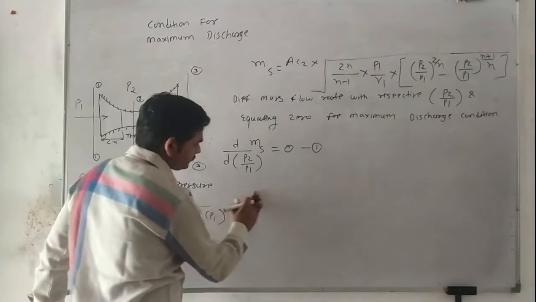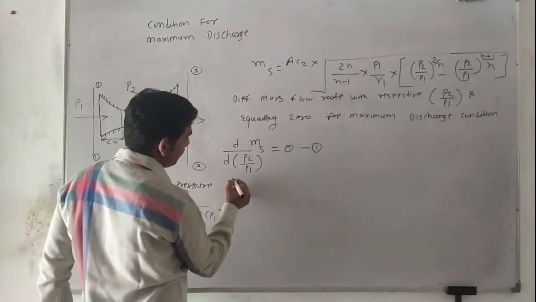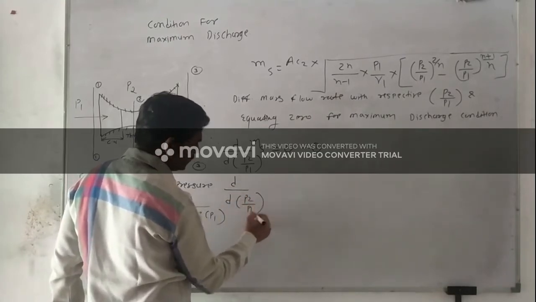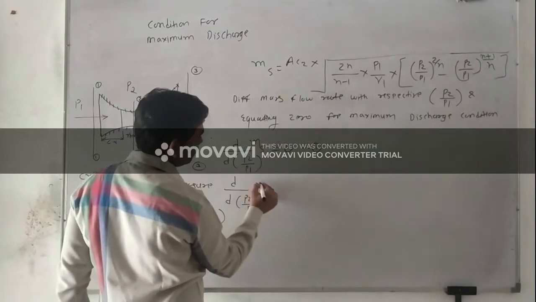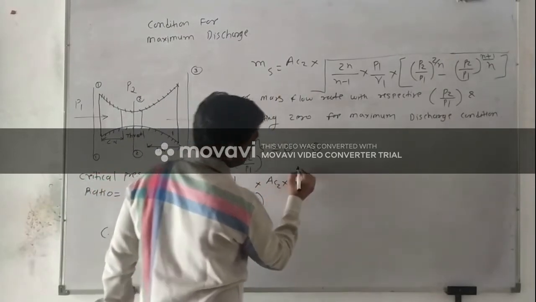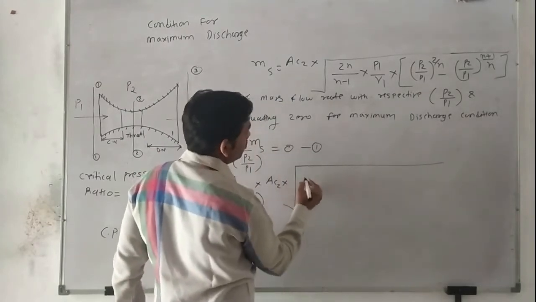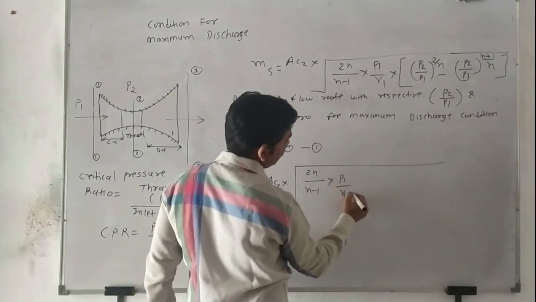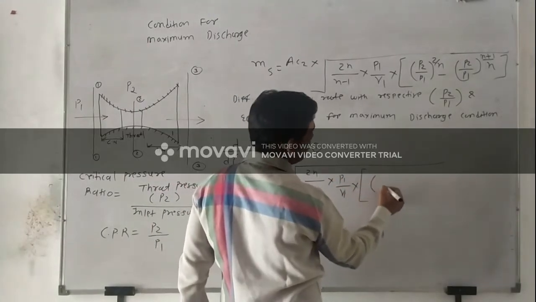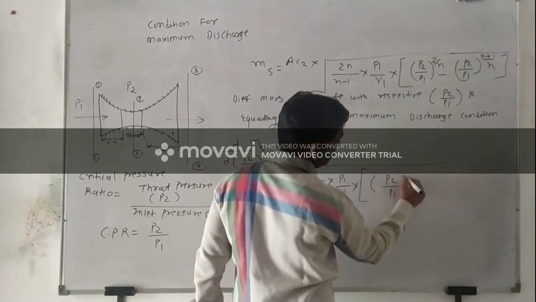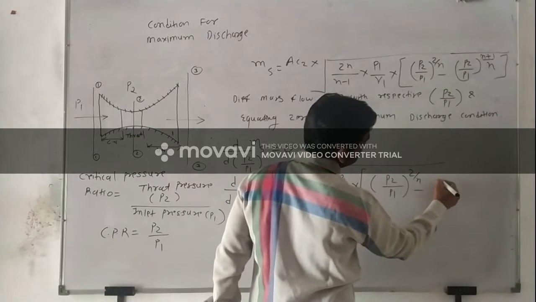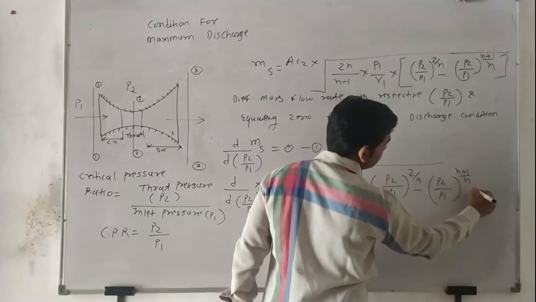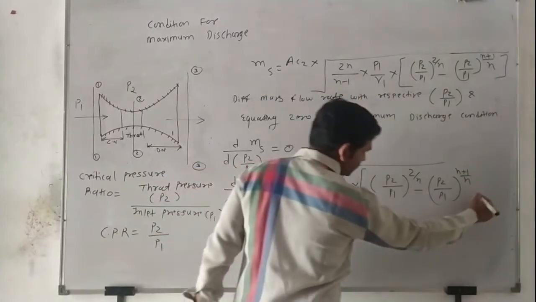Okay, so after differentiating, we put this value here: d by d(P2 upon P1) of A_c2 × √[(2n/(n−1)) × P1V1 × ((P2/P1)^(2/n) − (P2/P1)^((n+1)/n))] is equal to 0.